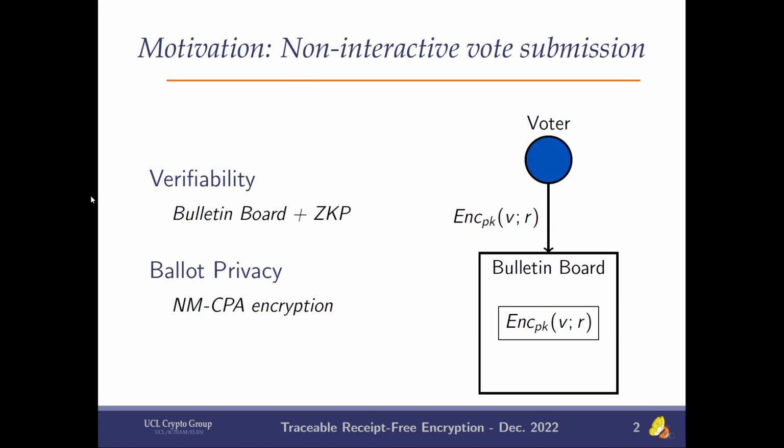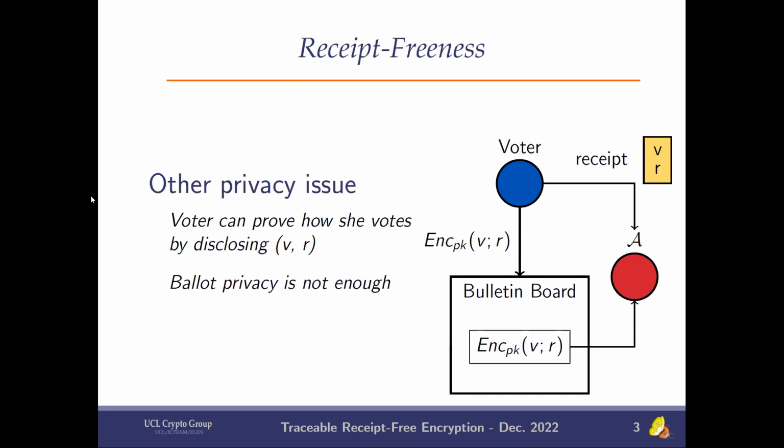To achieve these two securities, we usually use some cryptographic tools. For verifiability, for example, we put on the bulletin board some zero-knowledge proofs that everything is computed correctly. For ballot privacy, it is shown that if you have an IND-CPA secure encryption scheme, then it's possible to get ballot private elections. But is that all? Actually, there are other privacy issues.